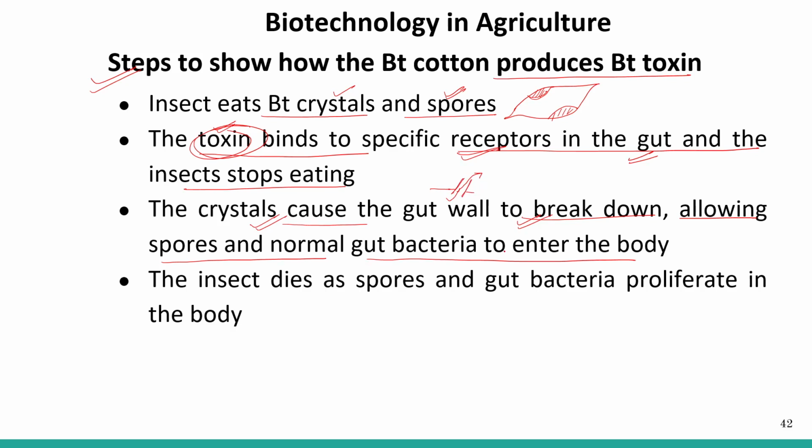And that means that bacteria get into the body of the insect. The insect dies as spores and gut bacteria proliferate in the body. Now when the bacteria enter inside the body, they proliferate. Proliferate means they divide and redivide and increase their number. So at this particular stage, what happens? The insect dies.